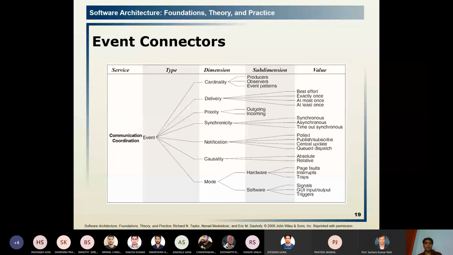The cardinality, delivery, priority, synchronicity, notification, causality, and mode of operation. First one is cardinality: producers, observers, and event patterns. Then delivery: the values are best effort delivery, exactly once delivery, at most once delivery, or at least once delivery, which define the delivery.